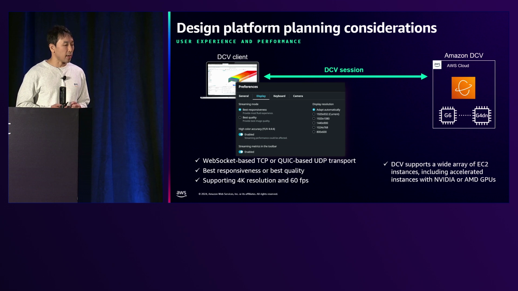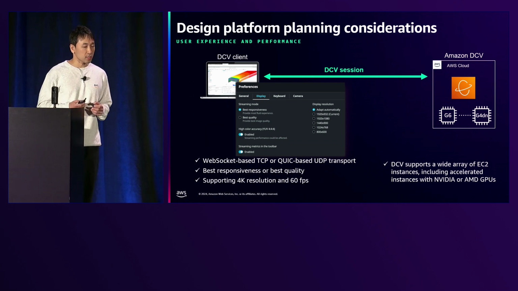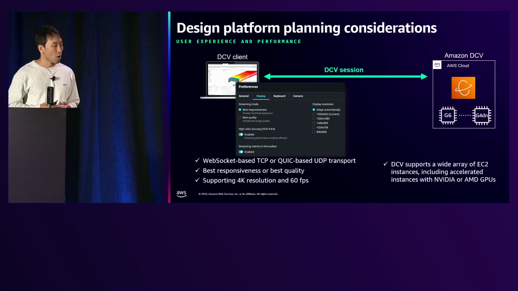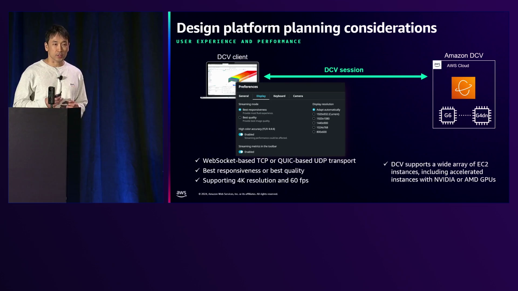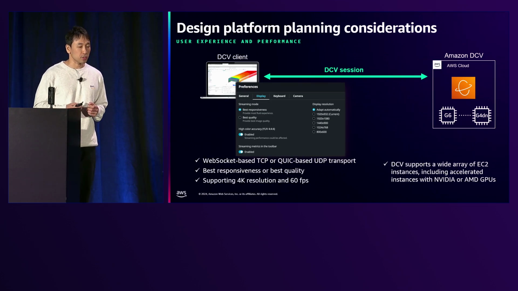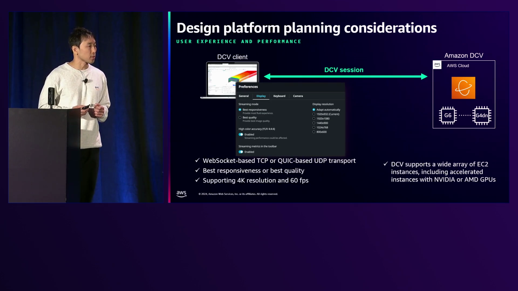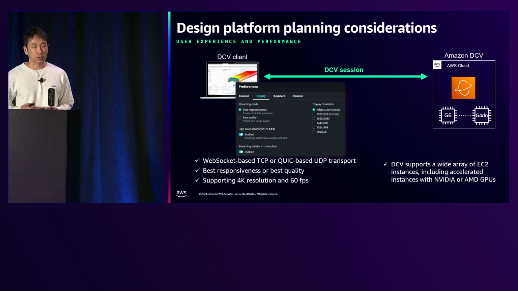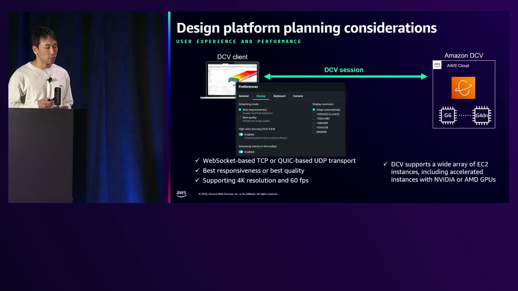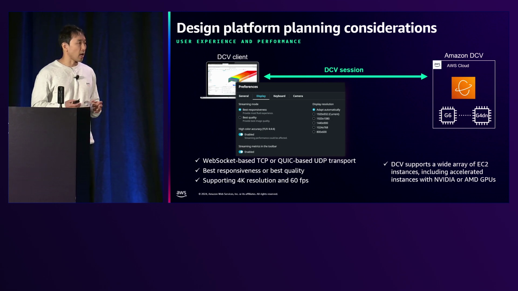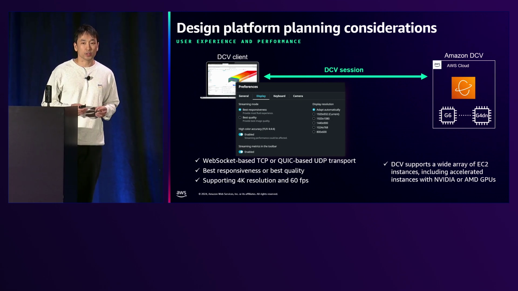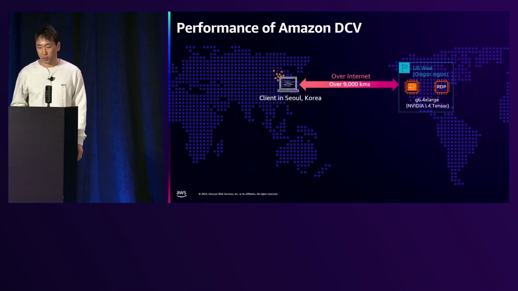Amazon DCV addresses these critical needs of designers, and also provides security and various features necessary for enterprise-grade deployment, like logging, controlling data transfer, and integration with other systems like directory service and single sign-on.